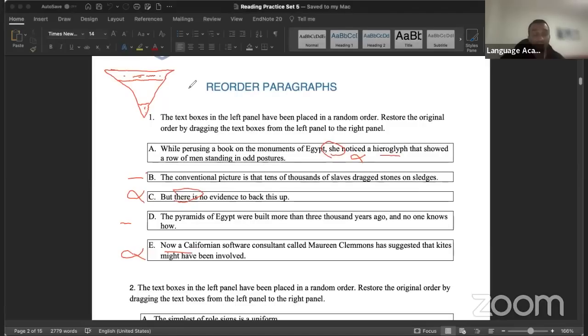One more thing, always remember that the majority of the times the flow of information or the timeline will go from past to present. Sorry about my drawing, it's really bad. Okay, forget about this arrow. It will go from past to present, okay?